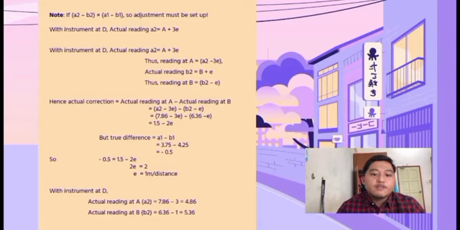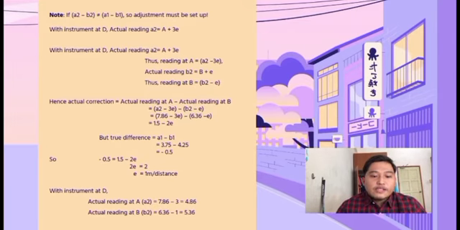The error in reading B2 equals E, so the actual reading at B equals B2 minus E. Hence, the actual difference equals the actual reading at A minus the actual reading at B.